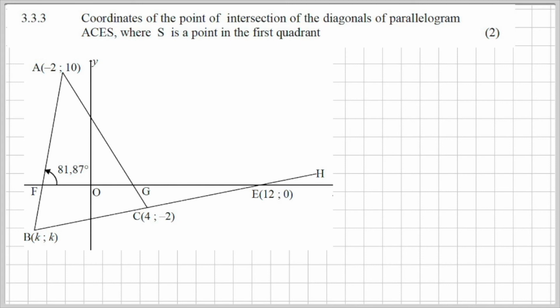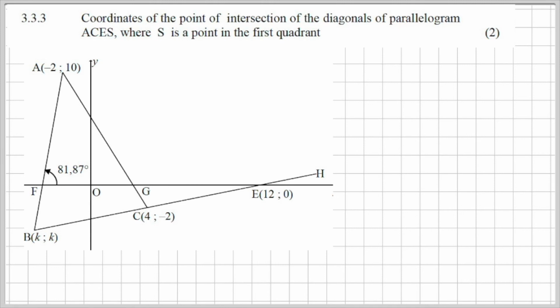3.3.3. They're looking for the coordinates of the point of intersection of the diagonals of parallelogram ACES. When we look at this specific sum, it is a bit of an interesting one because S is nowhere on the actual sketch.